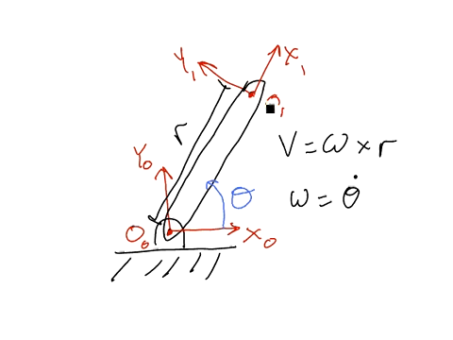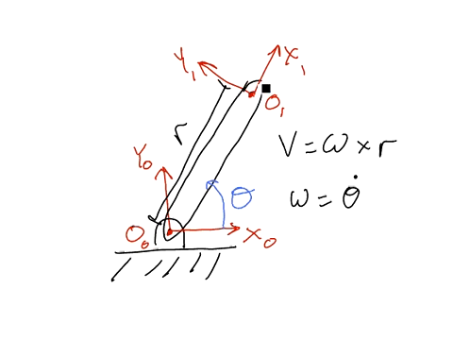V is the linear velocity of frame 1, by which we mean the velocity of the center point of this frame. But the center point is not the only thing that moves. The whole frame also rotates. Theta dot is the speed at which frame 1 rotates around the axis, either Z1 or Z0.